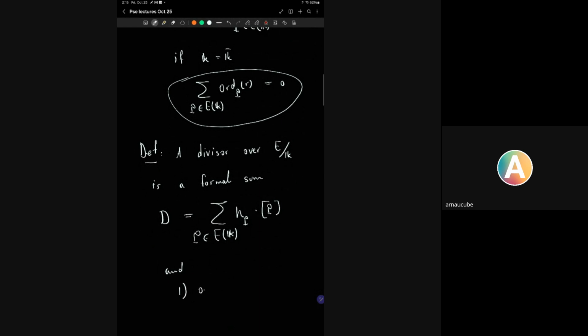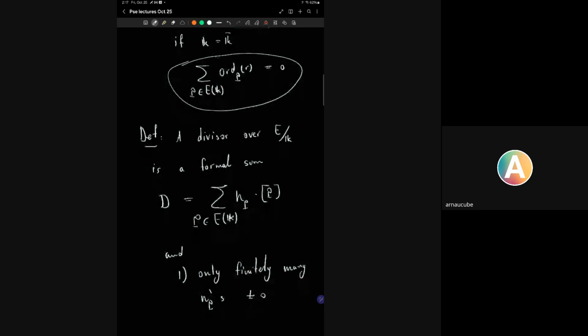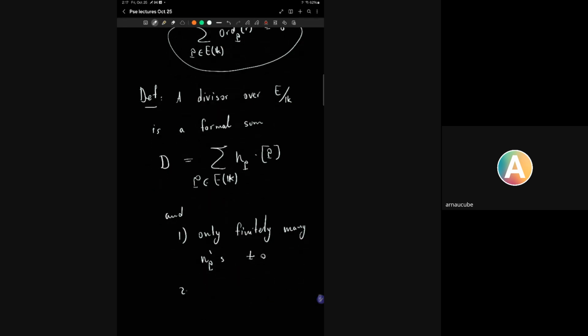One, only finitely many N_P are different than 0. And two, for each P, N_P is an integer.